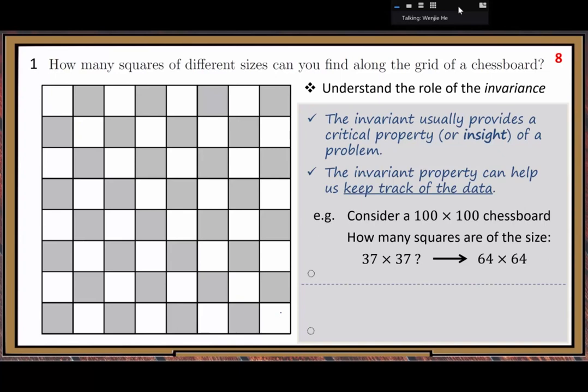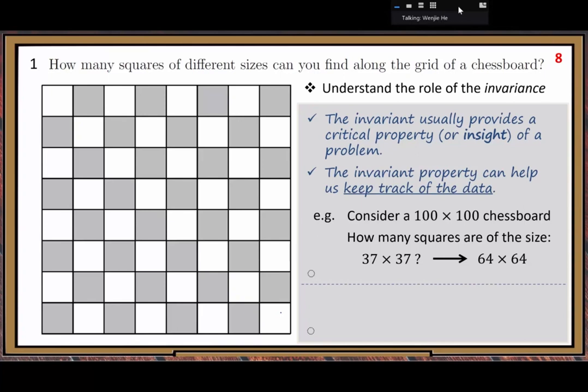The size becomes 100. So the invariant number should be 100 plus 1, right? That means this 37 plus that n number should equal 101. So 101 minus 37 is 64. That's the way.